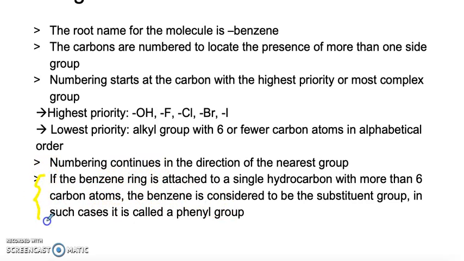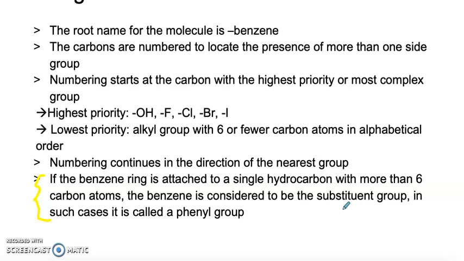So when you look down here, it says if the benzene ring is attached to a hydrocarbon with more than 6 carbon atoms, the benzene is then considered to be the side chain. Okay, the reason it's considered to be the side chain, a root should always indicate the longest carbon chain.